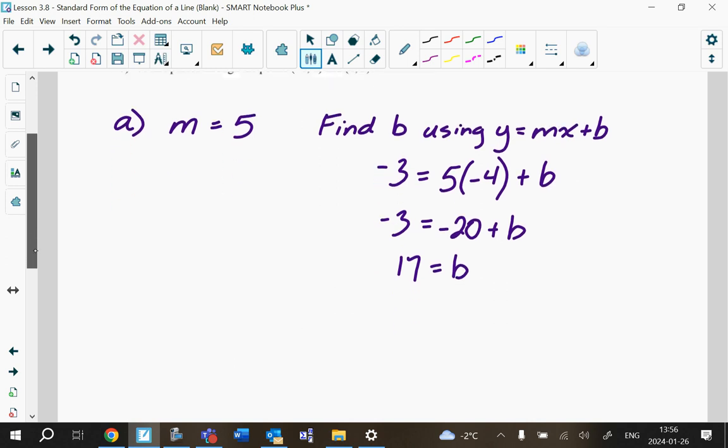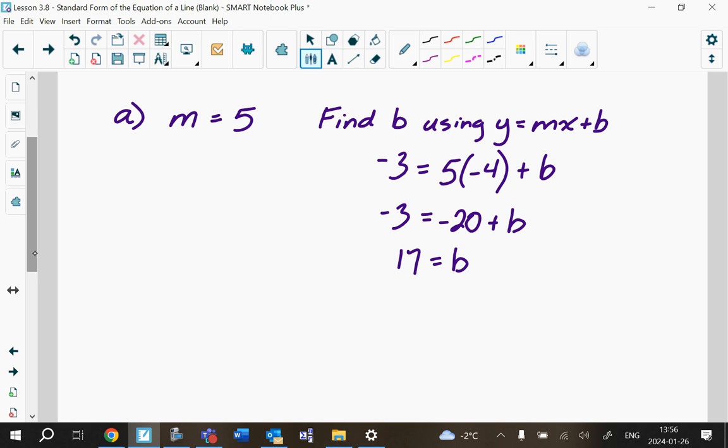So you're ready to write slope-intercept form. What does it look like in slope-intercept form? Right. But now I have to change it to standard, because it's not in standard.